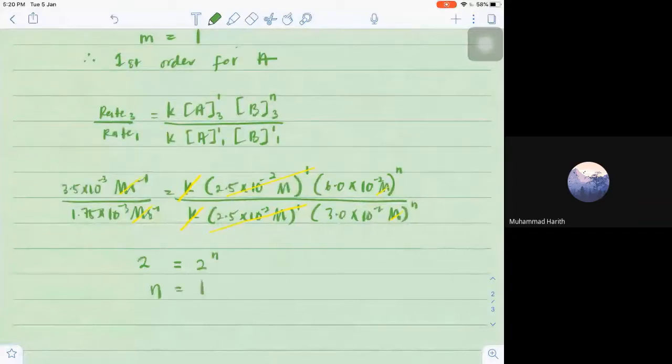It is easy for this example because it is obvious. 2 is equal to 2 power of N, so N is equal to 1.